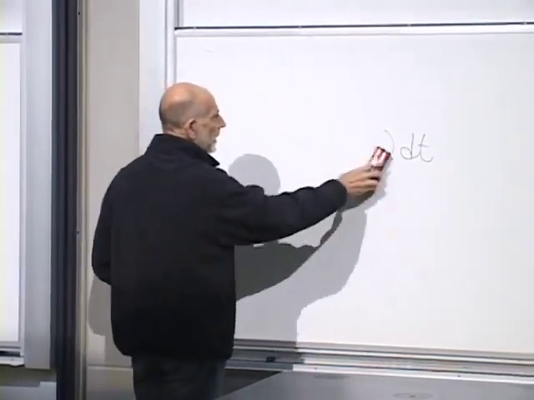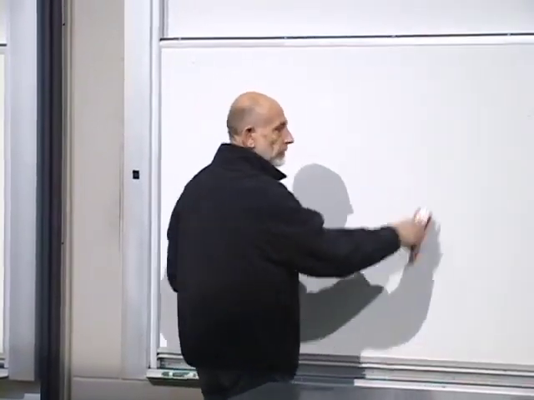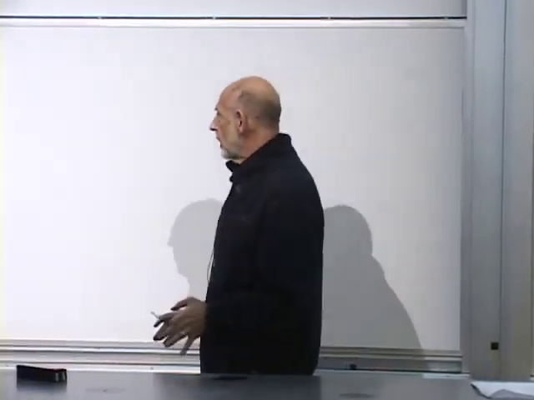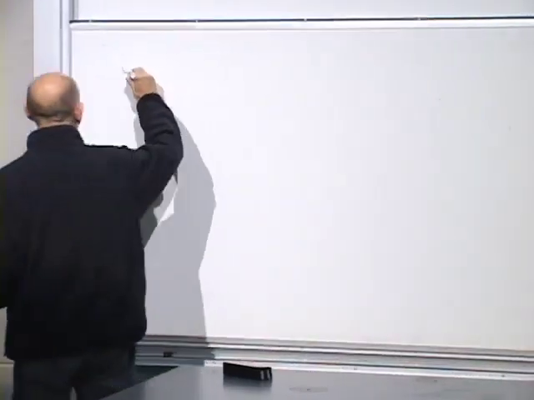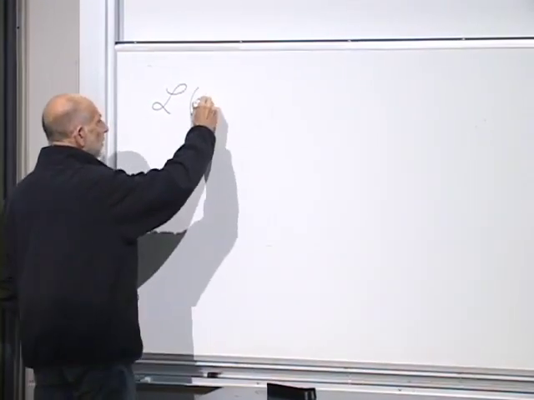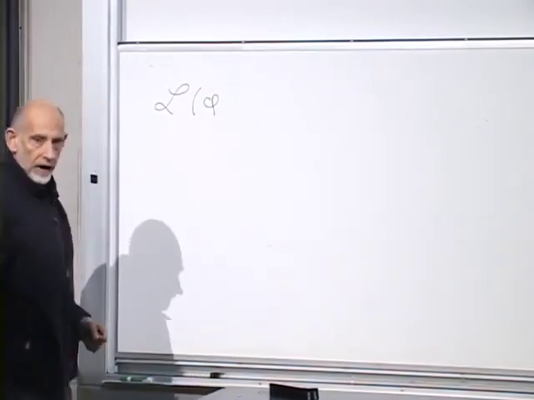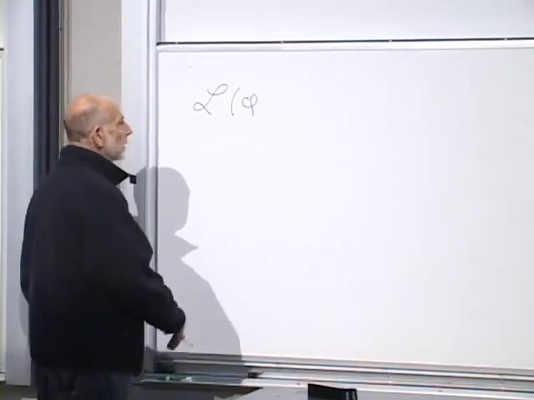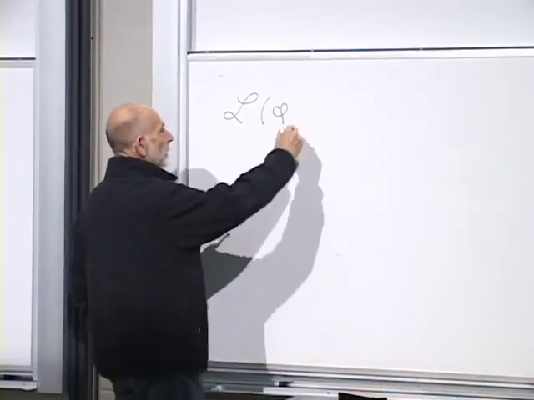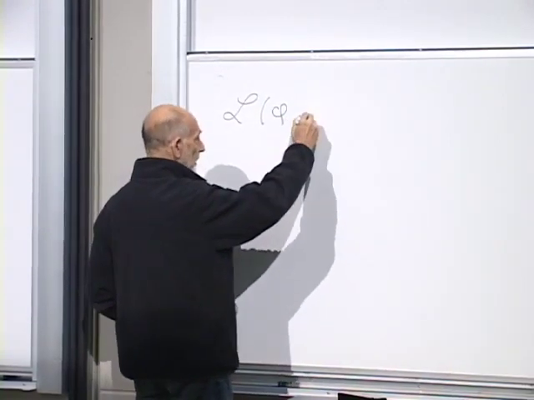For a field theory, the classical equations of motion are also determined from a Lagrangian. The Lagrangian is a function of whatever fields, I'll call them generically just phi, and not just the time derivatives of the fields, but the space derivatives and the time derivatives.